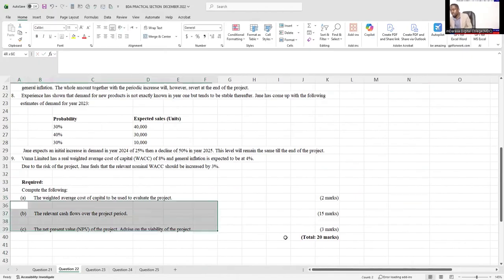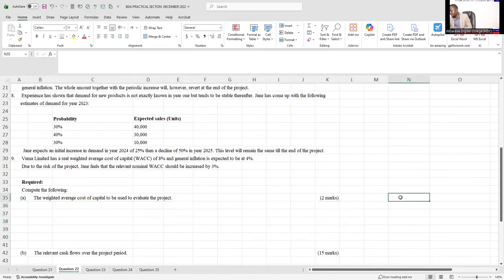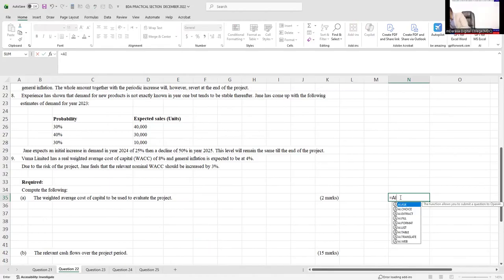So just a quick one, yeah? In this context, of course, I'll be having equal sign, yeah? I want to ask AI. So AI, I want you to do what? I want to solve for me this one, the weighted average.